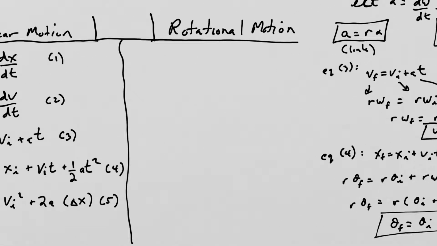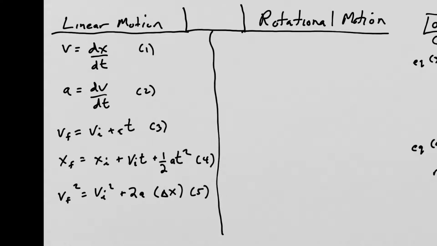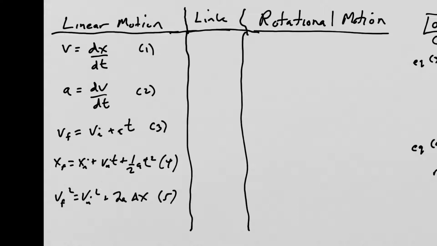So let's go over to our summary. If we want to draw the complete story in summary, we've seen that the analog of equation 1, the rotational equivalent of velocity around a circle, we define as omega, which is d theta dt, and we call that equation 21. Alpha, which is the angular acceleration, is d omega dt, and we call that equation 22.